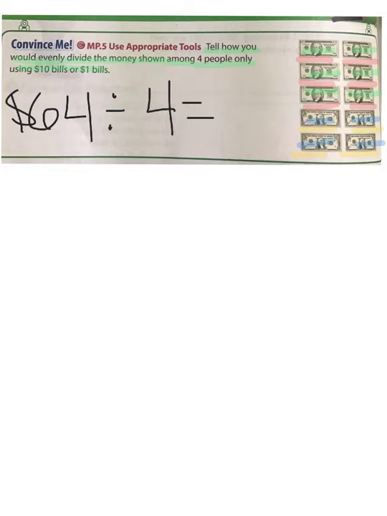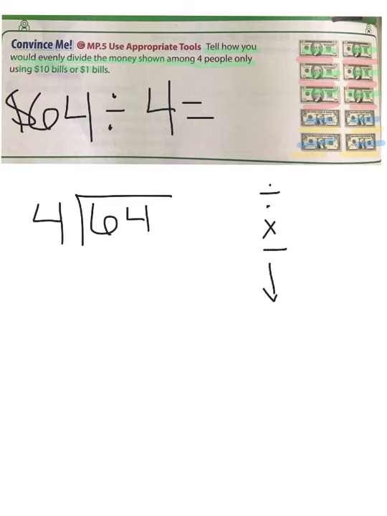Well, there are 2 different ways you can show this problem. First, let's show it the way we have been practicing. So we have 64 inside our bracket because that is our dividend, and we are going to divide it among 4 equal groups. We are going to use our steps where we divide, then we multiply, then we subtract, and then we bring down, repeat.